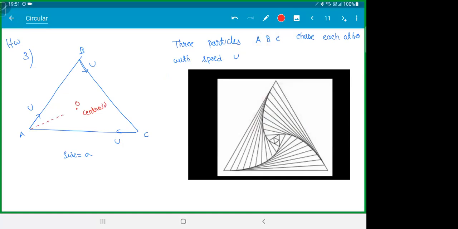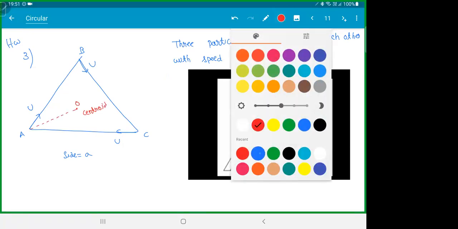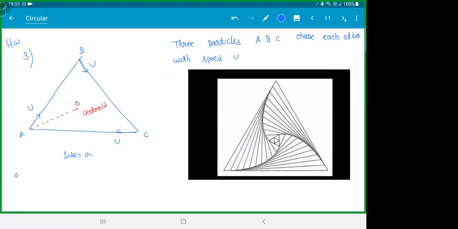So if you take this point OA here, so I can ask you like this thing. So first question. What we observe here is we see ABC always form a triangle which is rotating and shrinking. ABC form a triangle which is rotating and shrinking.